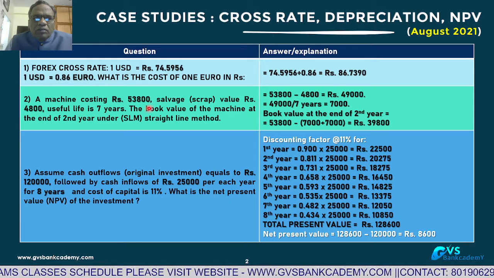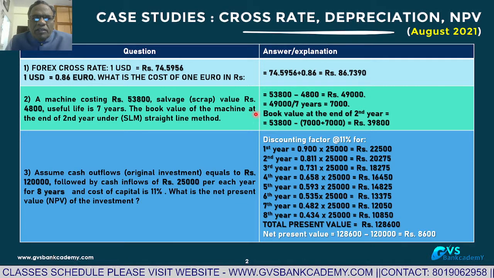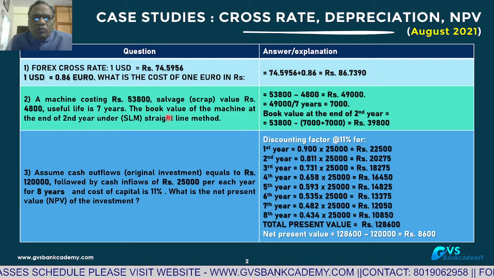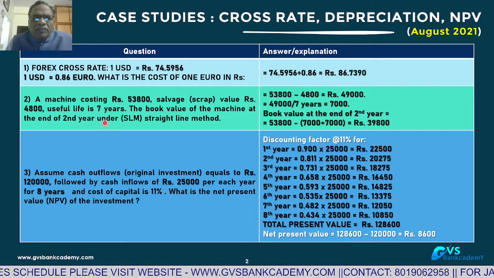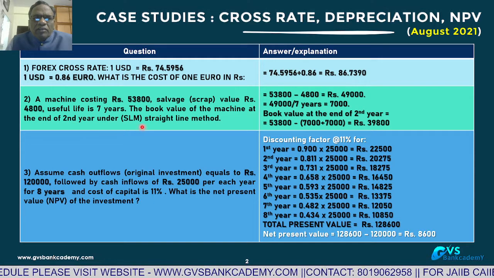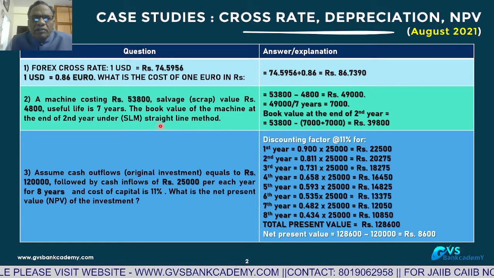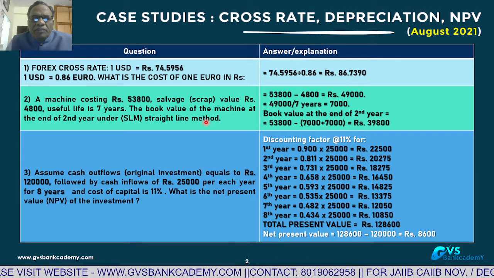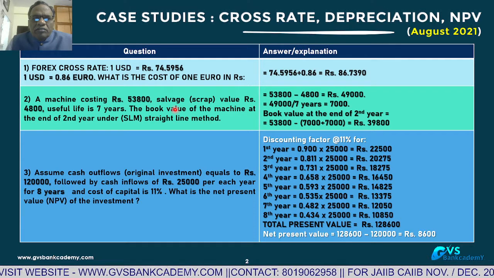The question: what is the book value of the machine at the end of the second year, after providing depreciation for the second year, under the straight line method? Straight line depreciation means the depreciation is the same for every year, from the first year to the seventh year.